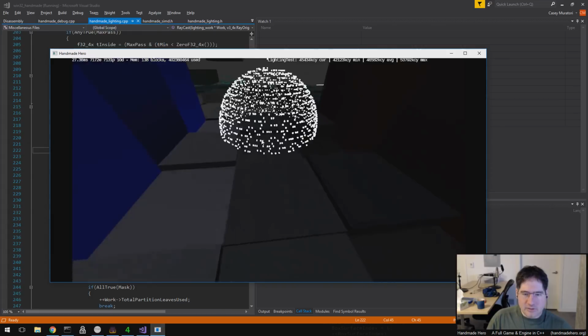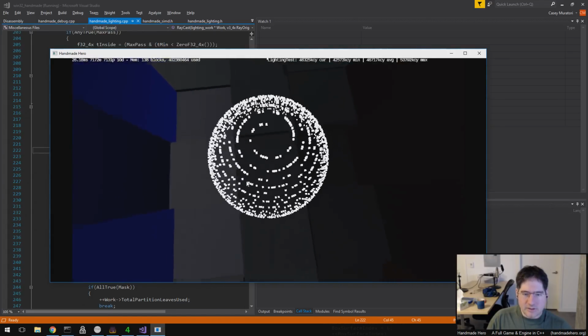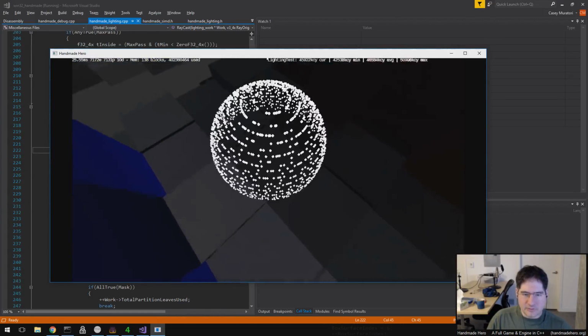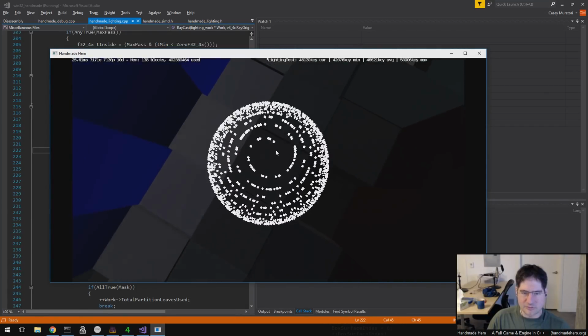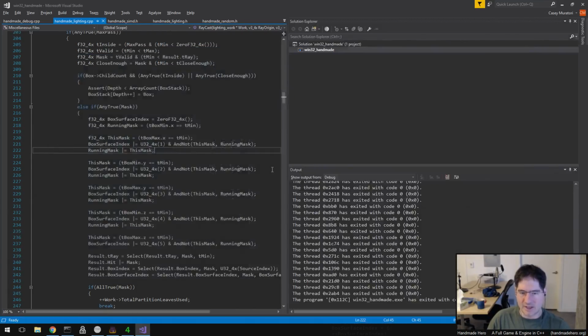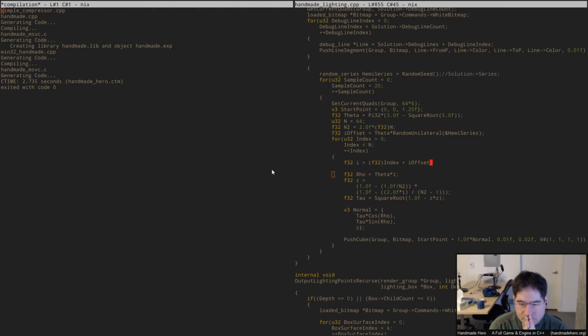So taking a look, it's not the worst distribution in the world, but it's not the best either. It's got this heavy bias towards the rings, which you would expect. That is not unusual. But it does seem like jittering the I is not exactly what we would want to do there.